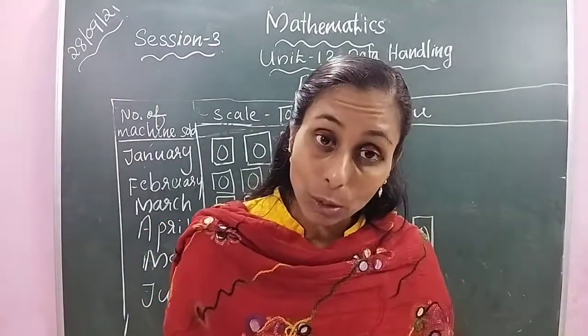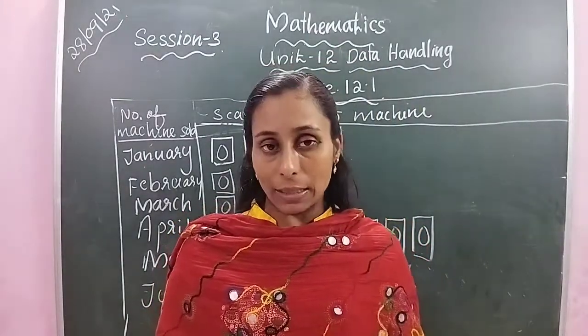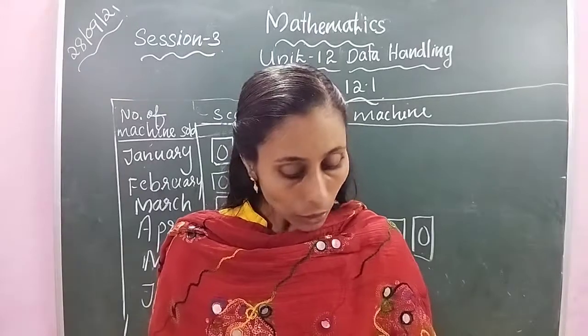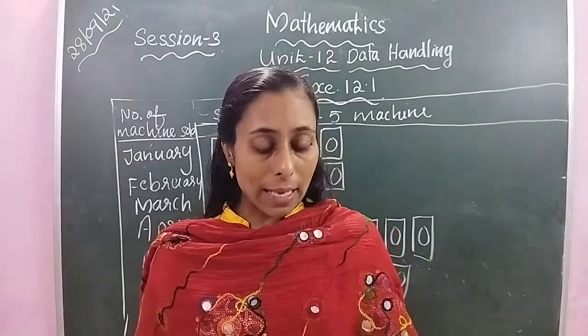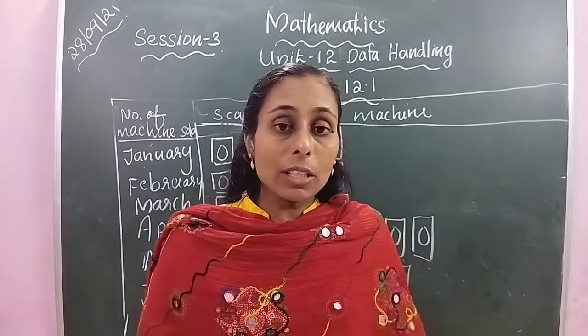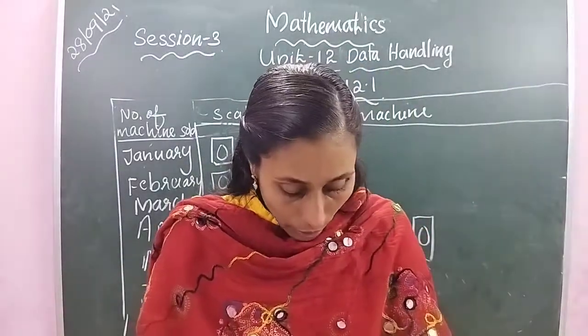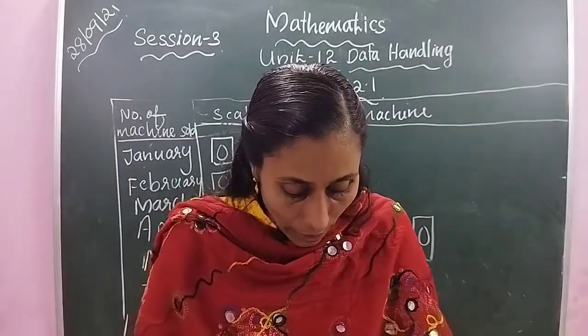How did you get the 250? Here total 25 symbols are there. One symbol represents 10 burgers. So 25 symbols means 250 burgers.